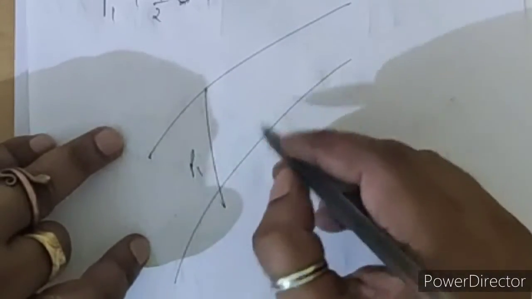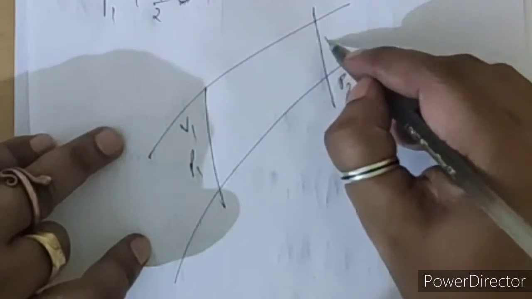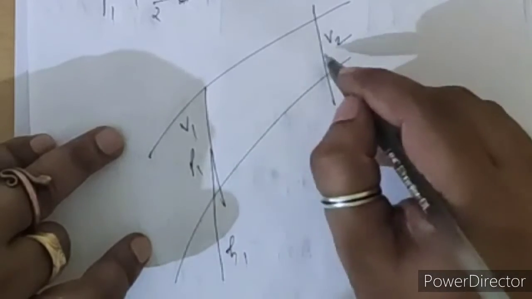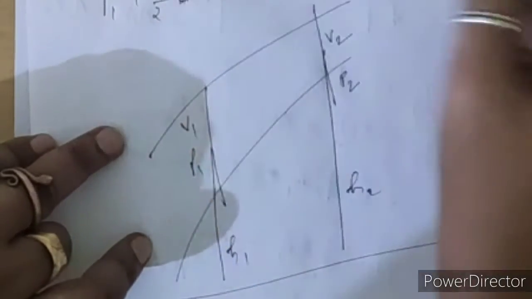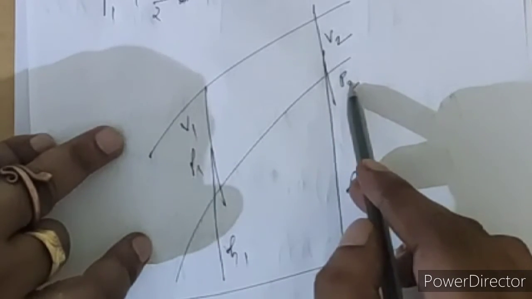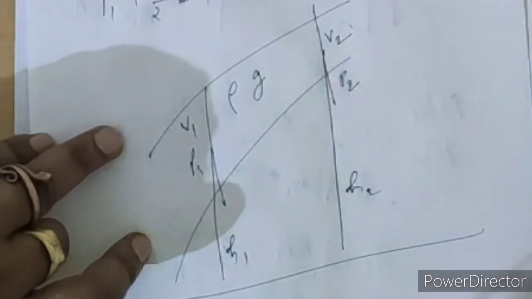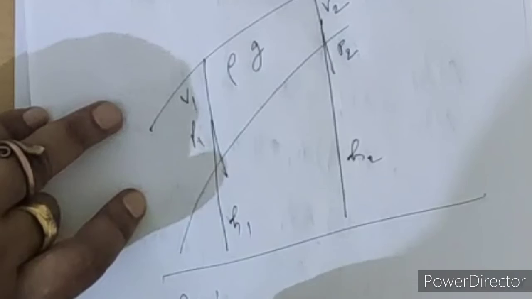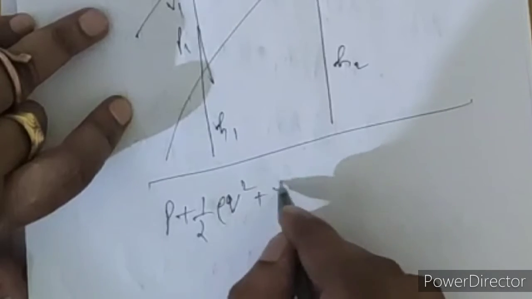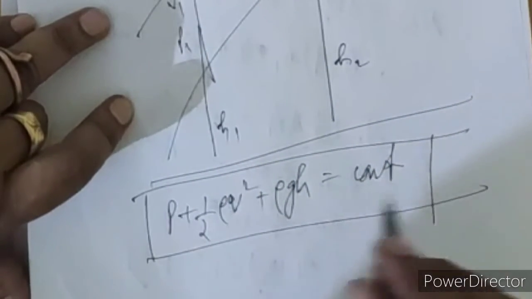So if we have pressure p1 here and v1 velocity, and we have p2 pressure here and v2 velocity, and we have h1 and h2, we can use this equation. So if we know any 5 values, we can calculate the 6th value, and rho remains the same, g remains the same. It is the density of the fluid. So that means p plus half rho v squared plus rho g h is equal to constant. That is basically the Bernoulli's equation.